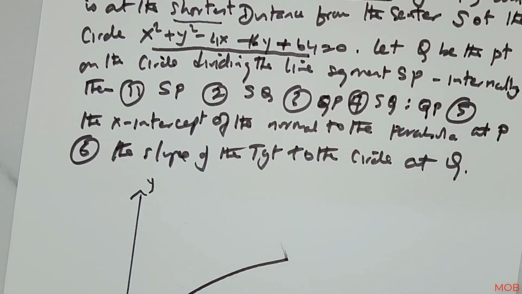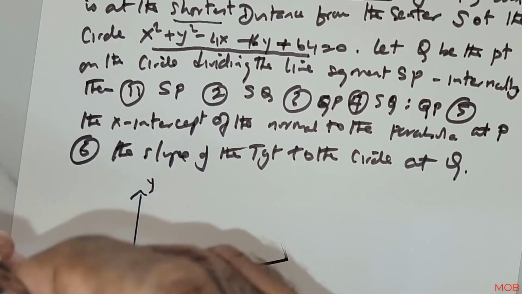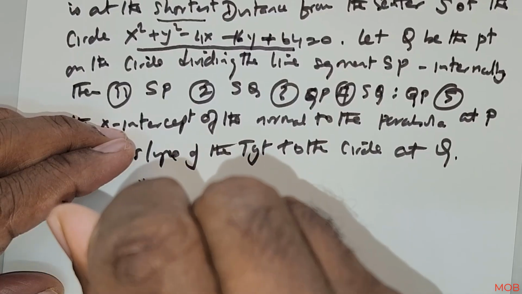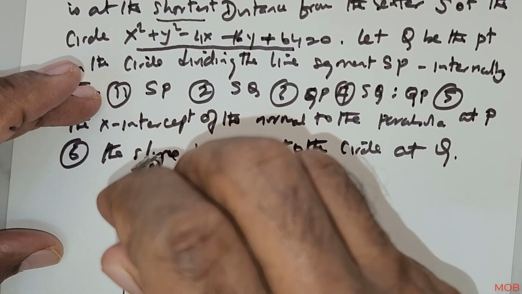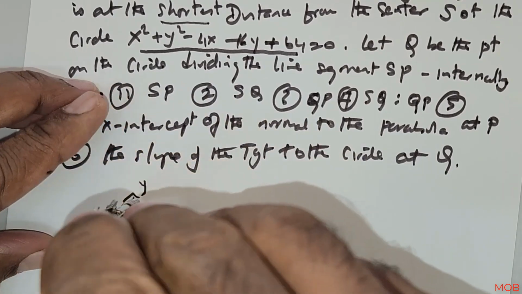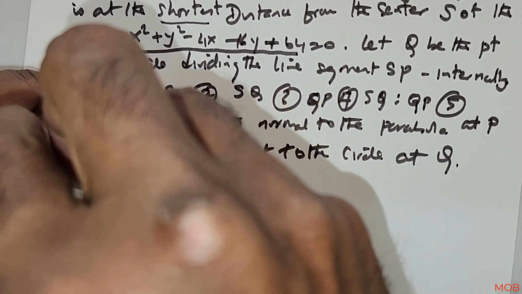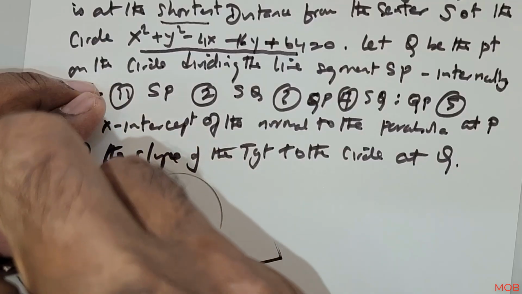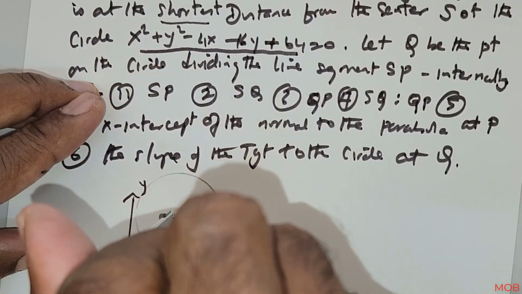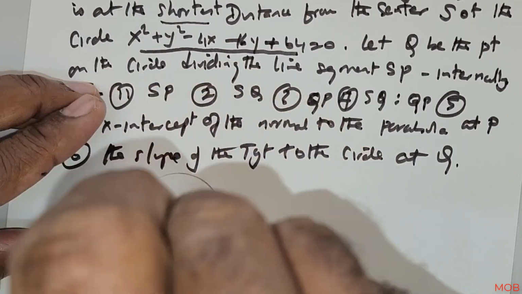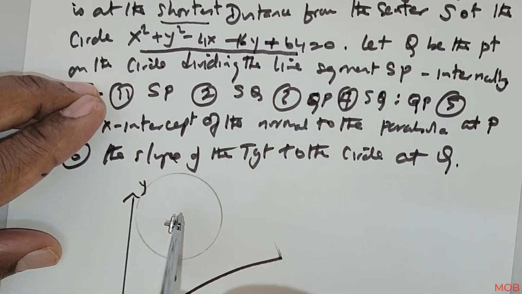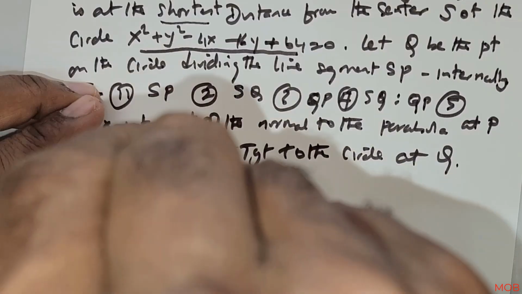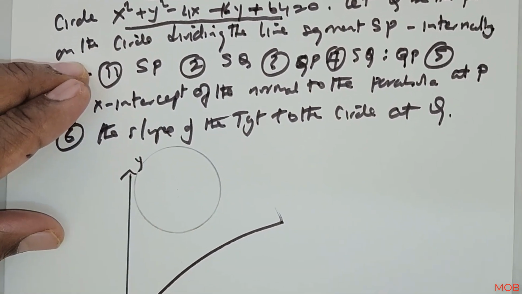So we need to get the circle there. Okay, this is a fairly good depiction of the circle.